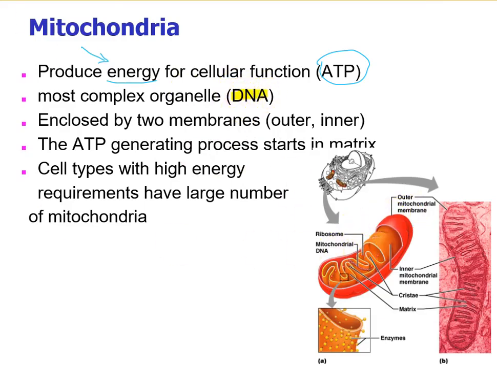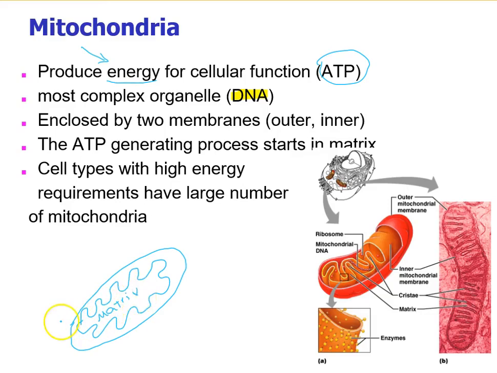If you want to draw the mitochondria, you have to draw two membranes: the outer membrane and the inner membrane. And then inside we have the matrix, where the process of making ATP happens.